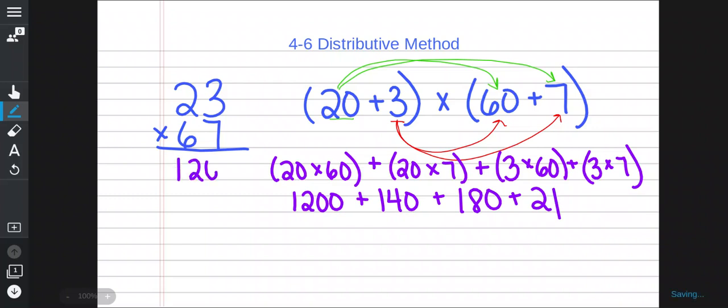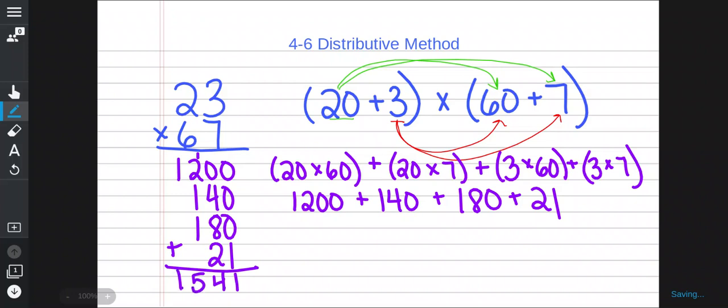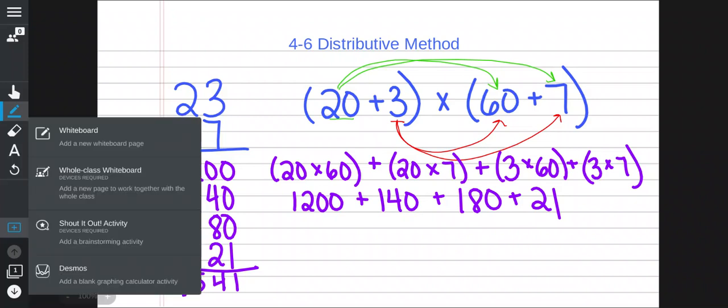And to add those up, some of you might be thinking, I can do this in my head, but I really don't want to make a mistake, so I like to line them up carefully, like this, vertically. And I'm going to add those, 14 here, carry the 1, 3, 4, 5, and just put the 1. So my answer to this problem is 1,541. All right, let's try another one.